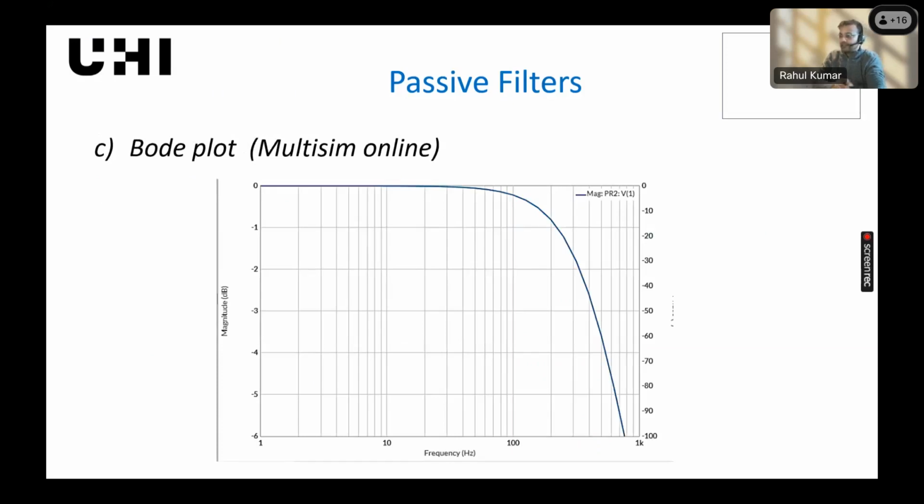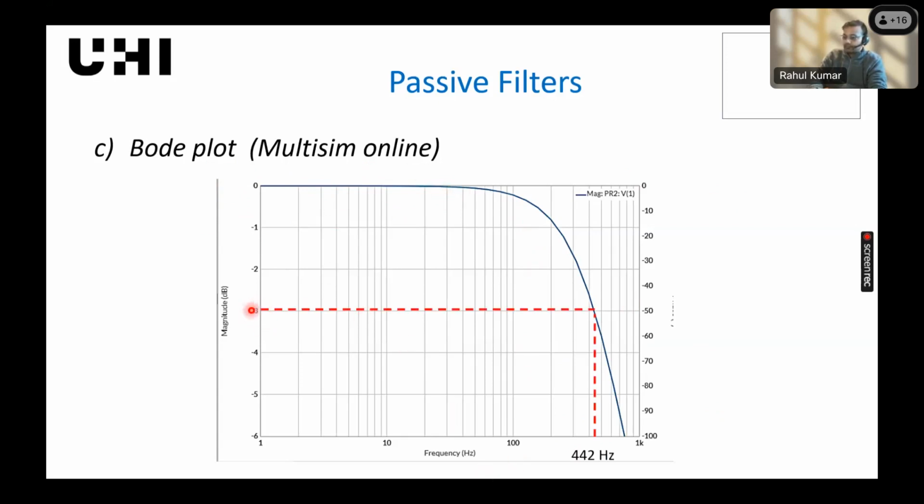And again, you can plot the Bode diagram on Multisim. So passive filters have a low frequency gain of around 0 dB. The minus 3 dB will be somewhere here.